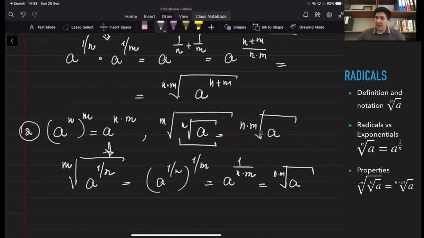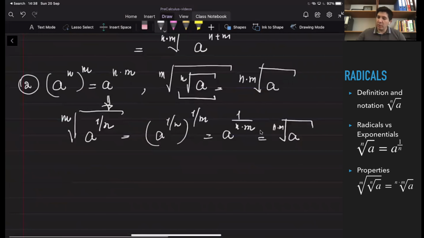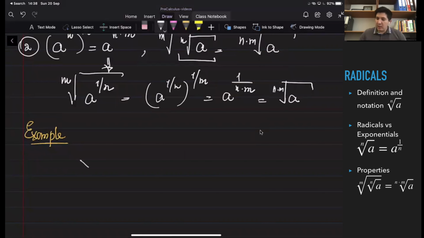So let's do a couple of examples in order to understand these two rules. The first example: let's say I need to take the square root of x and multiply this by the cubic root of x. Please note that this is not going to be simply x to the 6th degree, right?